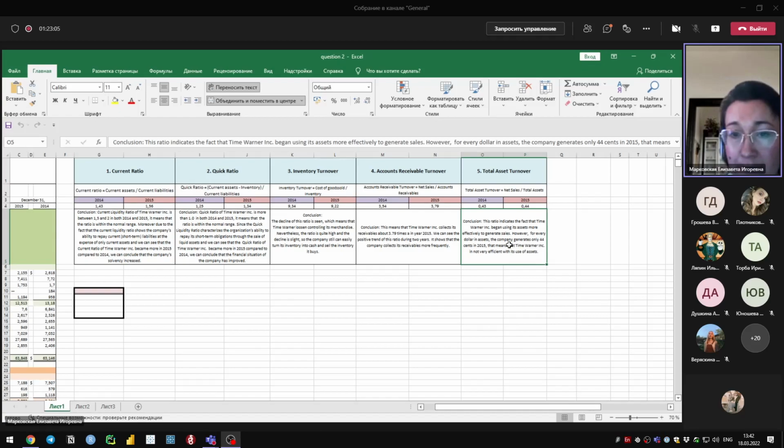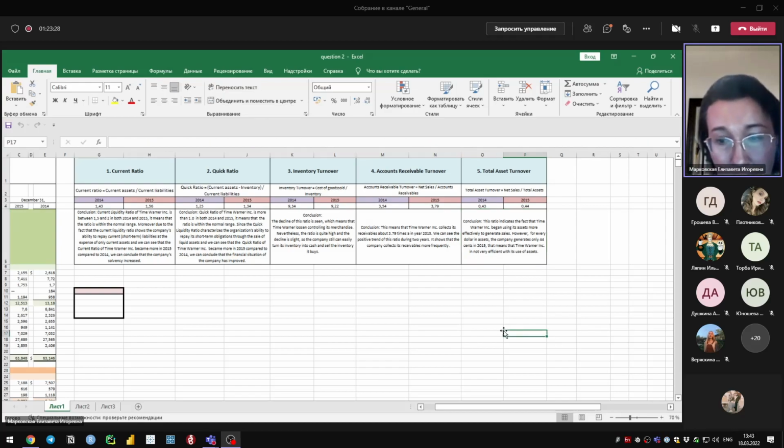So you have to compare with industrial level, if it's possible with the previous periods, and please try to understand the main causes of the changes. Try to find these main causes, try to make the assumptions. Okay.